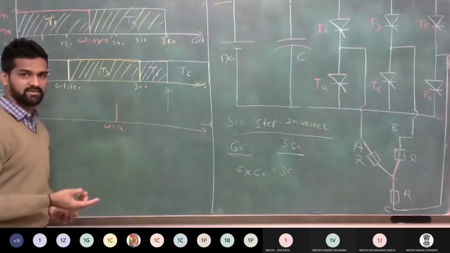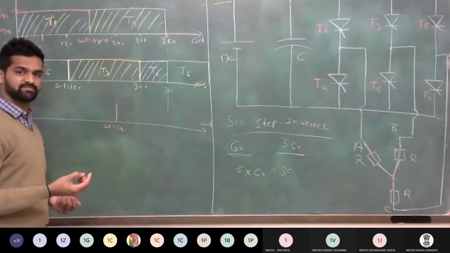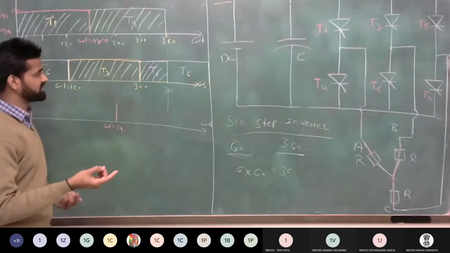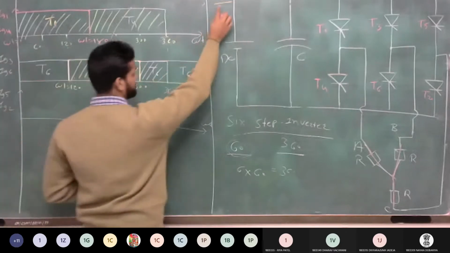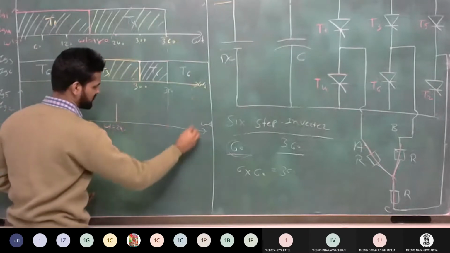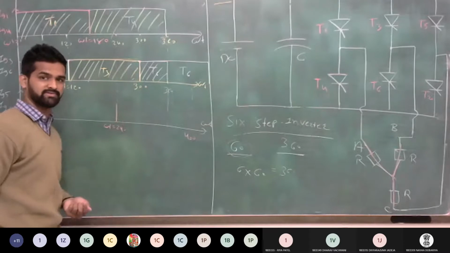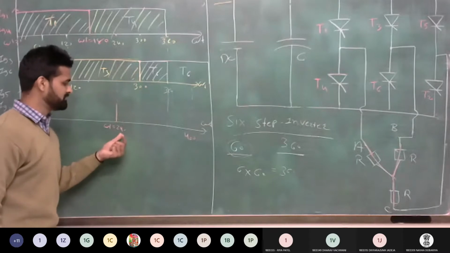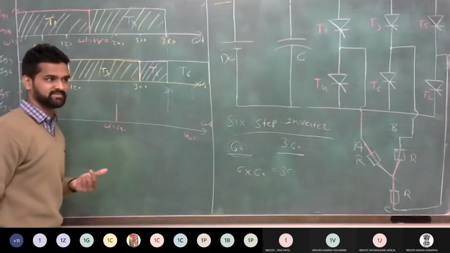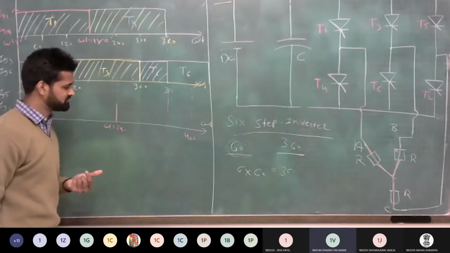So this is omega T equal to 240. Now 240 plus 180, how much? Because each thyristor conducts for 180 degree duration. Anyone? 240 plus 180, it's 420.